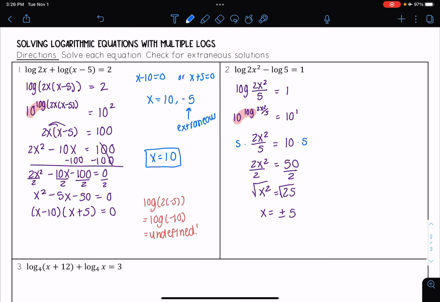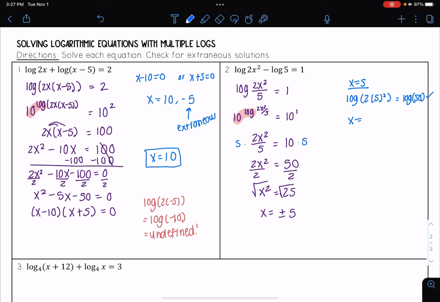But now I need to go ahead and plug those in to see whether I get a negative log or not, because if I do, then that is going to be an extraneous solution. Well, when I put in x equals 5, I have log of 2 times 5 squared, which gives me log of 50, so that is good.